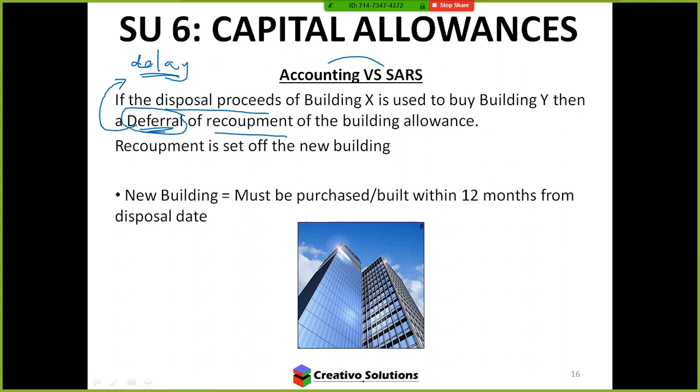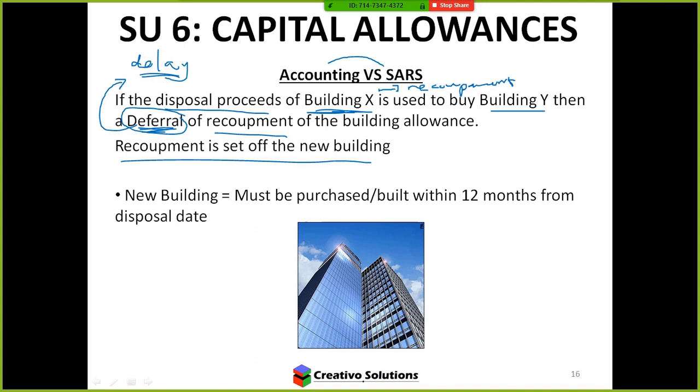So if you're using the disposal of building X to buy building Y, obviously, if I'm disposing of building X, I'm going to have a possible recoupment. And if that recoupment comes up, I can defer that recoupment because I'm buying a new building. The recoupment is set off against the new building.